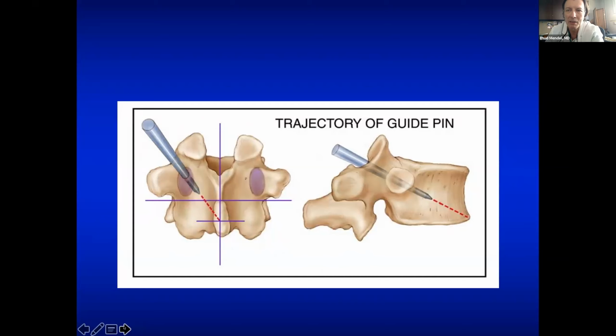I think that's critical, number one, to make sure that when you put the needle in, you respect the medial wall of the pedicle as you're taking the needle through the spot where the spinal canal is, where the spinal cord is, and making sure that the needle goes through the pedicle and not too medial or too lateral. So critical evaluation of the pedicle, and you'll see it in the lab, is very important to make sure that you're putting the needle very, very accurately.